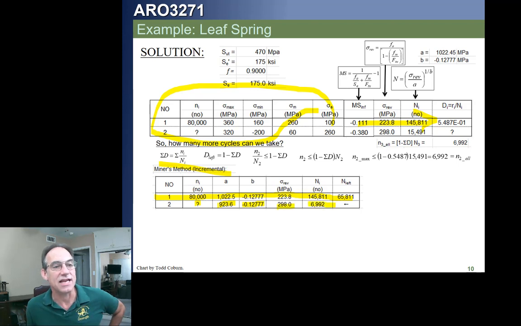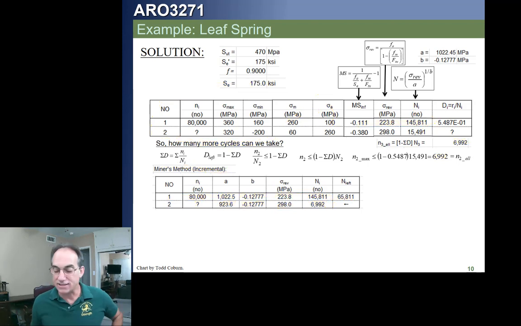And that gives us the same answer. You'll see this, calculated in this manner, gives us the same answer as Miner's rule. However, Miner's incremental rule has more chances to make mistakes, and more places where not understanding it can affect what you're doing. Okay?